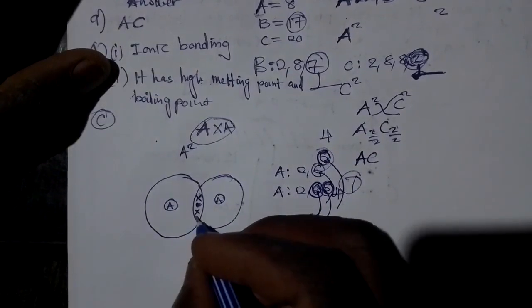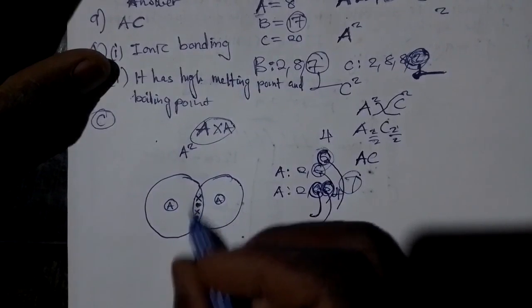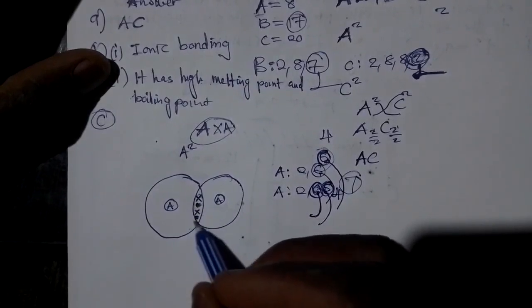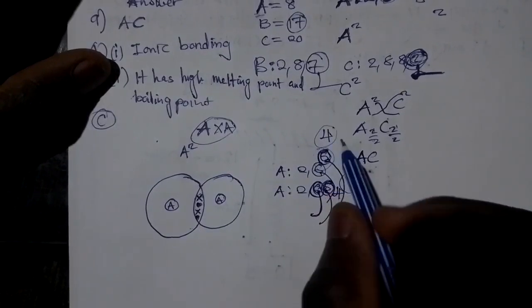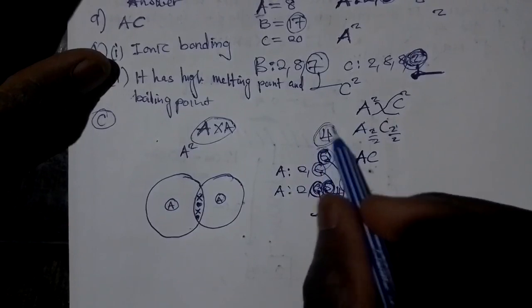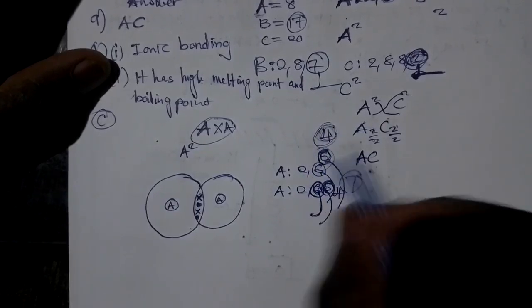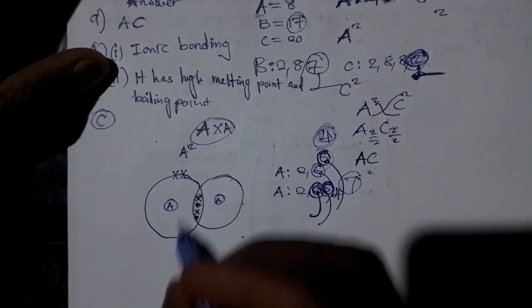Now if I count here, how many electrons am I having? 1, 2, 3, 4. So 4 plus this 4 here, I'm going to get 8. So the remaining electrons here, I'm going to put them in the outermost shell: 1, 2, 3, 4.